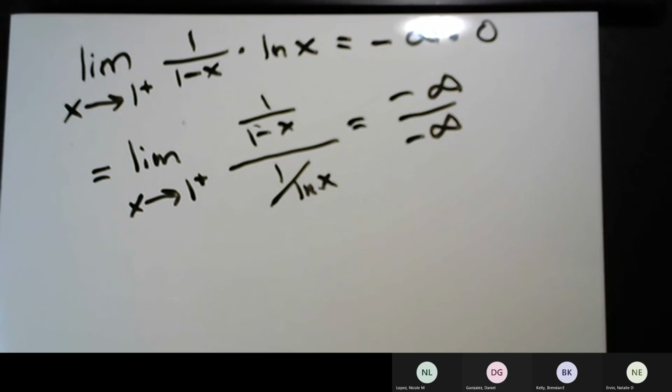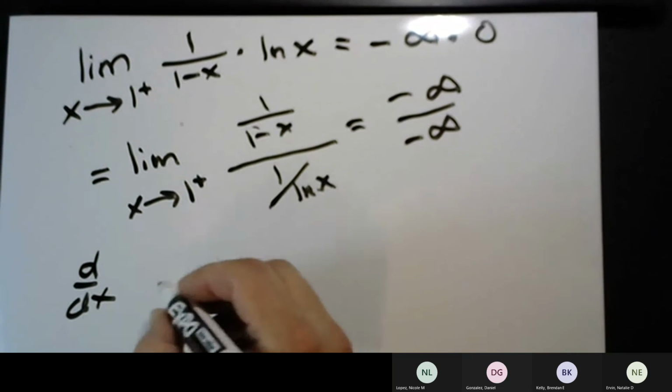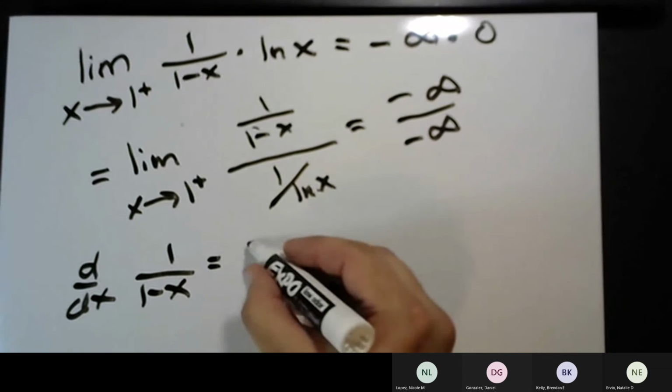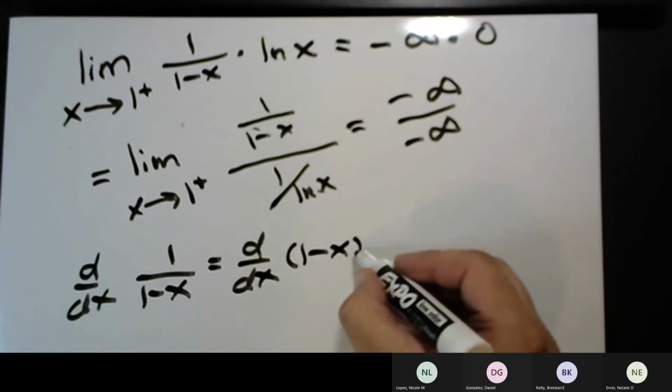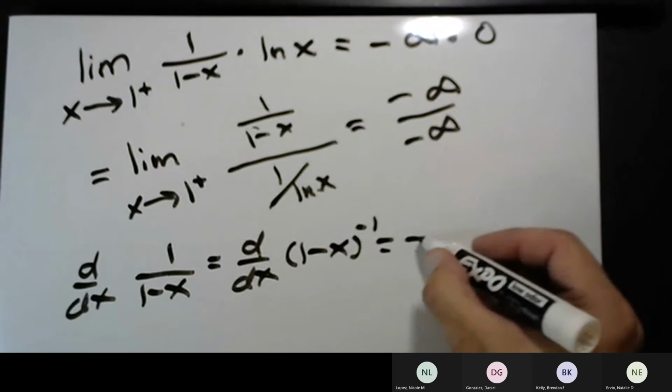There we go. Whew. So now we can apply L'Hopital's rule. Sorry about that, I got a little confused there. So we take the derivative of 1 over 1 minus x. I kind of like doing the little cheat on this. Call it 1 minus x to the minus 1, so I don't have to use the quotient rule.